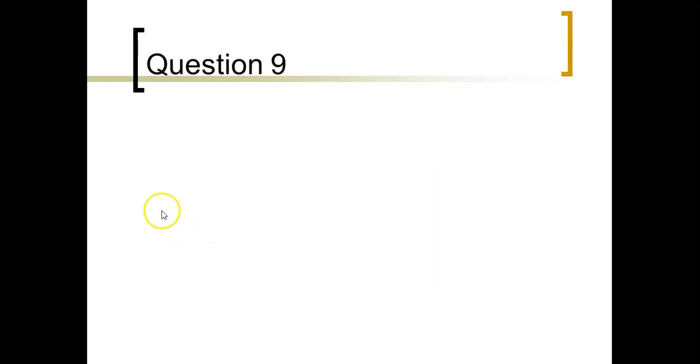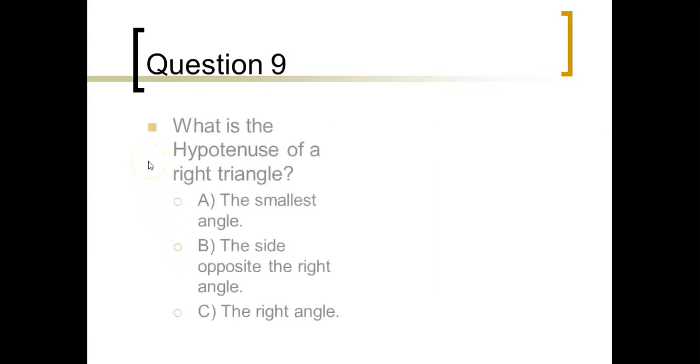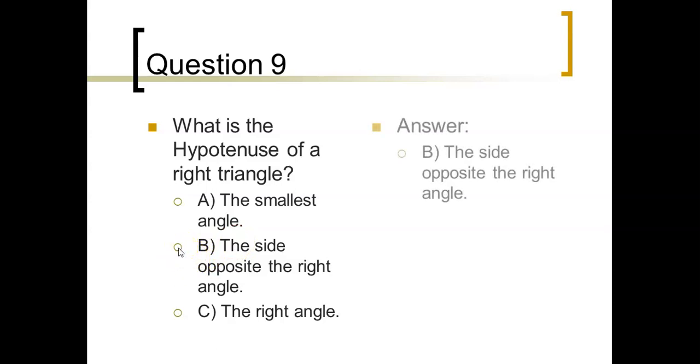Question 9. What is the hypotenuse of a right triangle? A, the smallest angle. B, the side opposite the right angle. C, the right angle. Option B is correct because the hypotenuse is the side facing the right angle, which is the angle 90. So option B is correct.